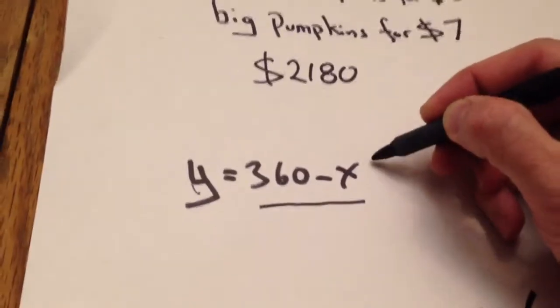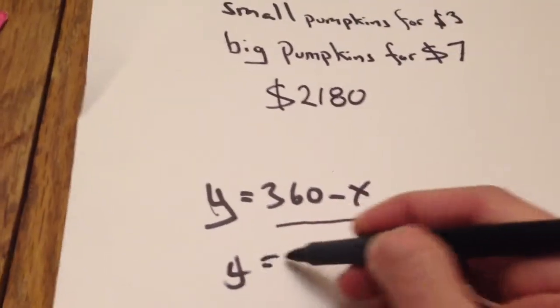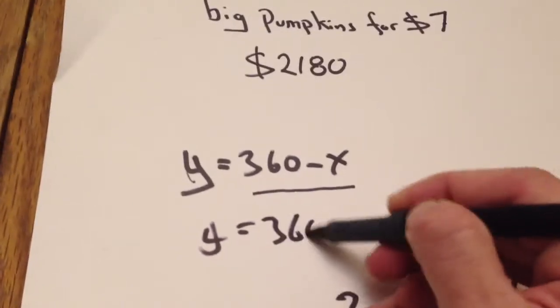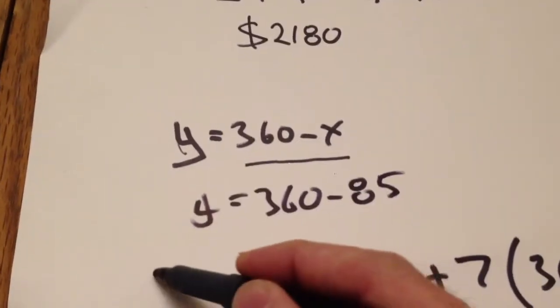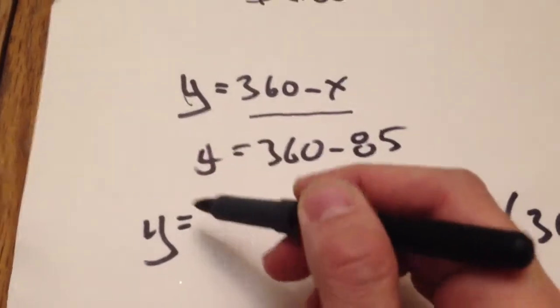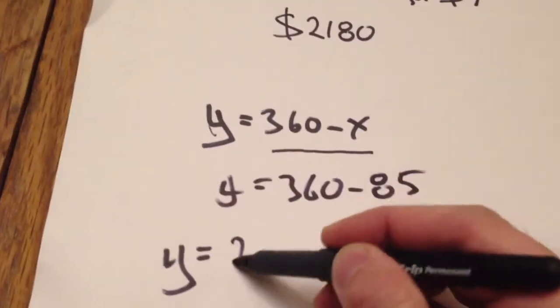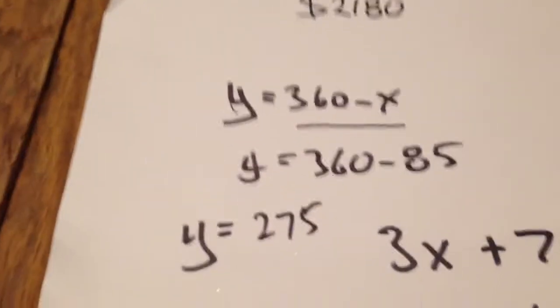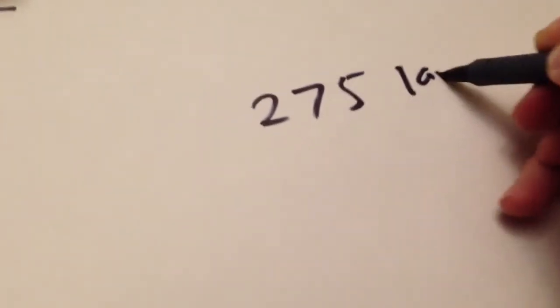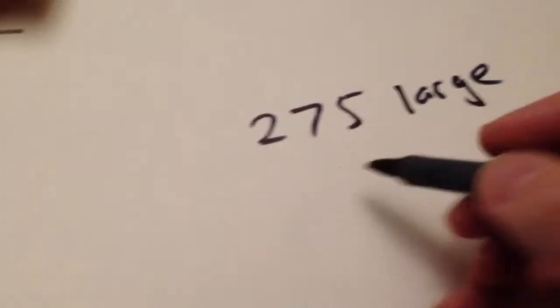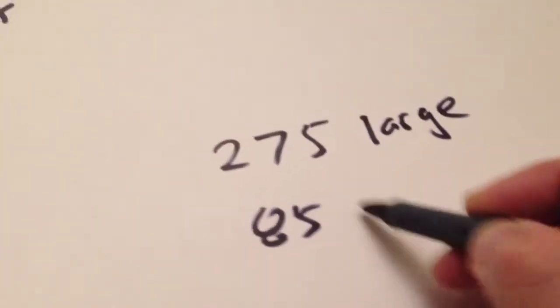So when we plug 85 into here, then we end up with y equals 275. So at the end of the day, we had 275 large pumpkins, right? And we had 85 small.